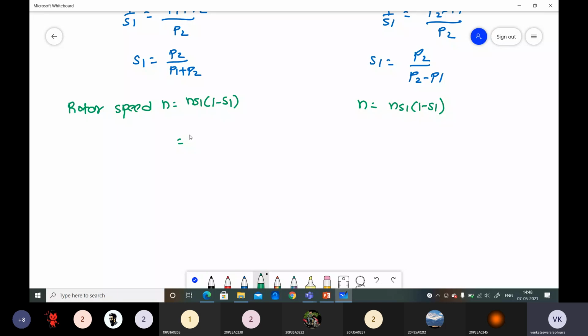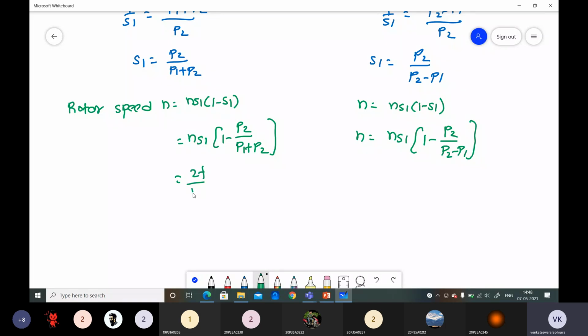Now substitute the s1 value, 1 minus p2 by p1 plus p2, so n equal to ns1 into 1 minus p2 by p1 plus p2. So ns1 value is 2f by p1. Take LCM: p1 plus p2 minus p2 by p1 plus p2.